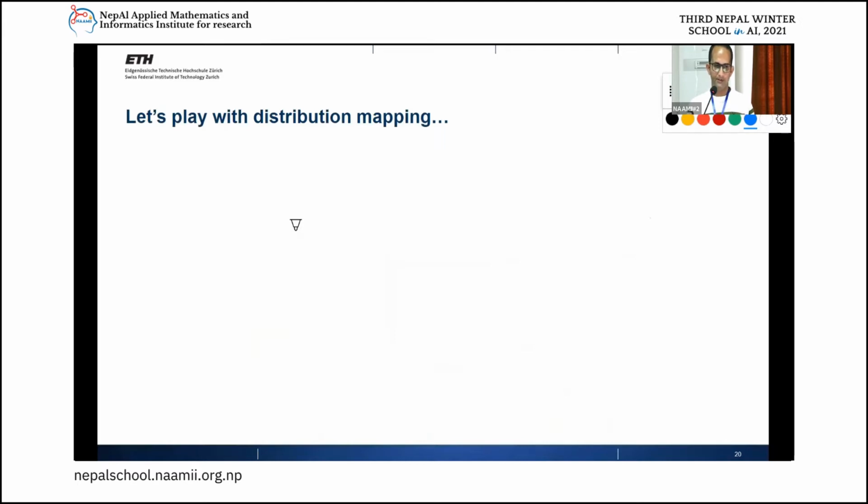All right. So before we proceed, I just want to give you one example of how distribution mappings are done.